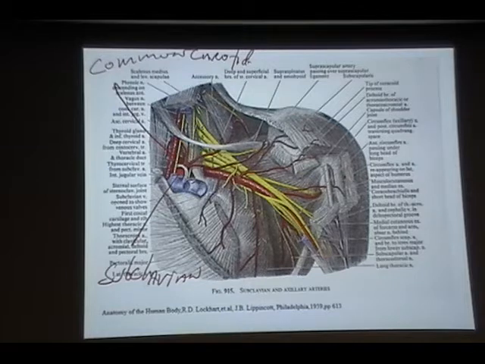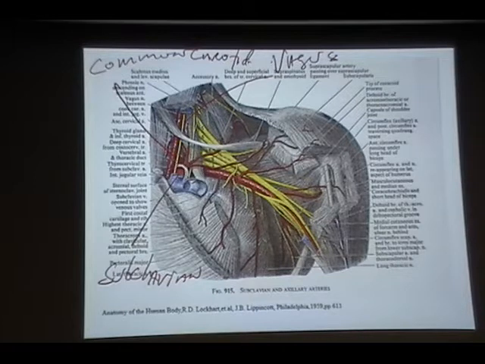What's this nerve? What structures are in the carotid sheath? Vagus nerve. Okay, what else? What's been cut out? External carotid, and internal jugular. Common carotid, vagus nerve, internal jugular. Okay, so this is the vagus.